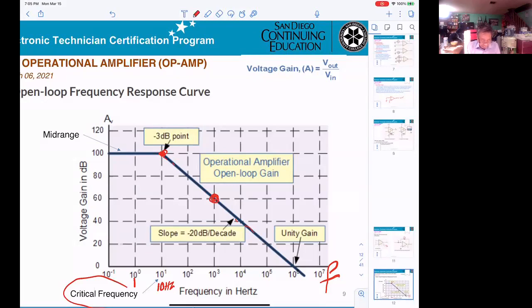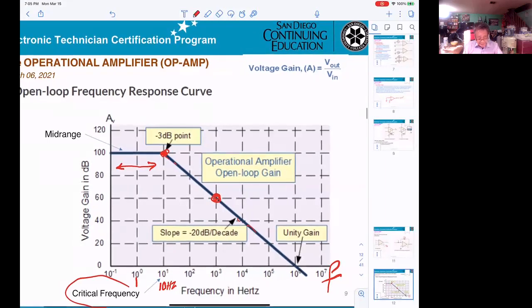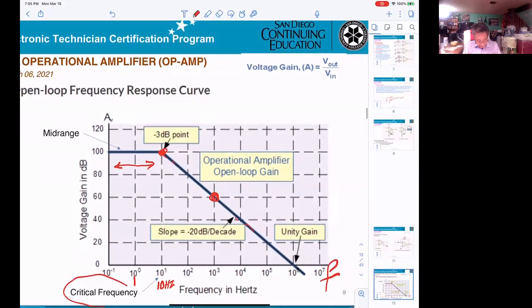Before we pick a point right here, I want to ask you, what is the bandwidth for this one? That means right here. The bandwidth is at 10 hertz for 100 dB, and at 100 hertz you cannot do anything.